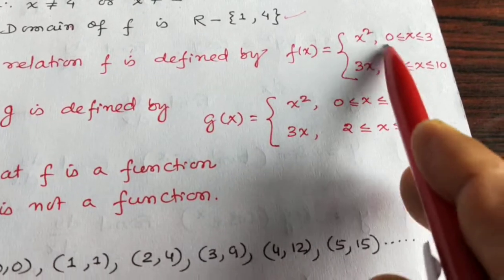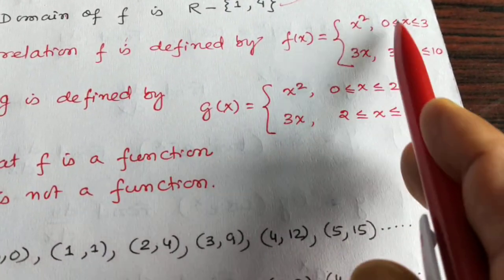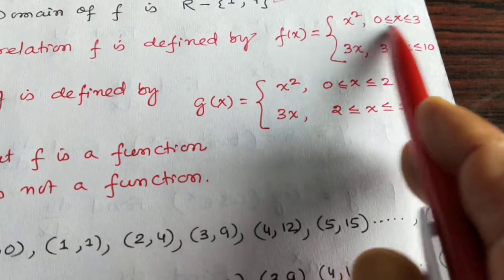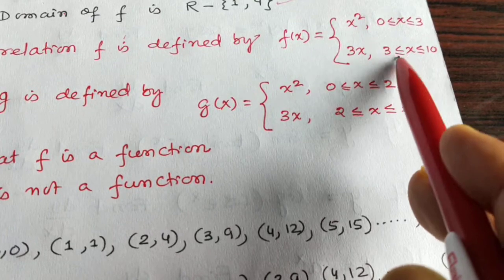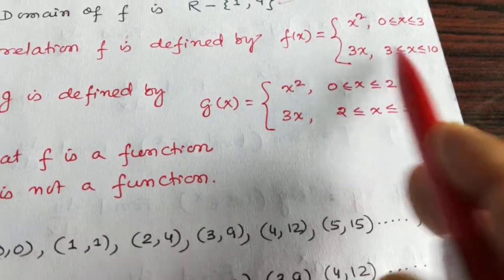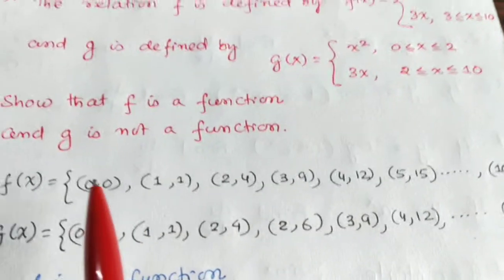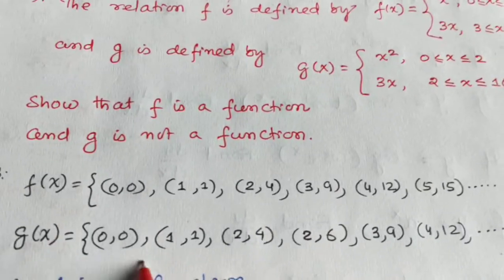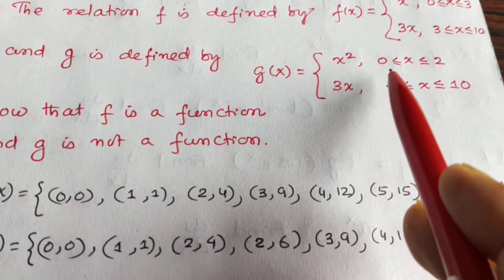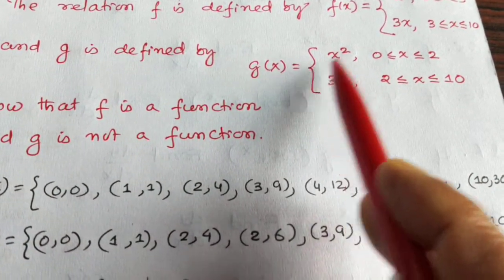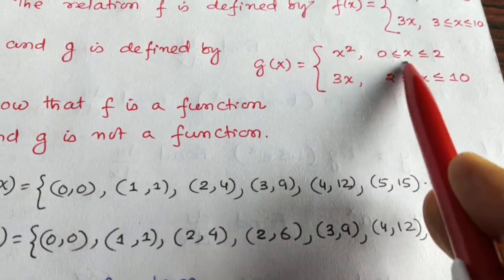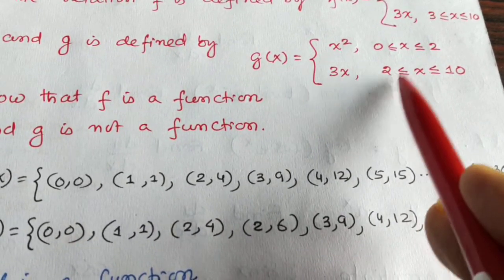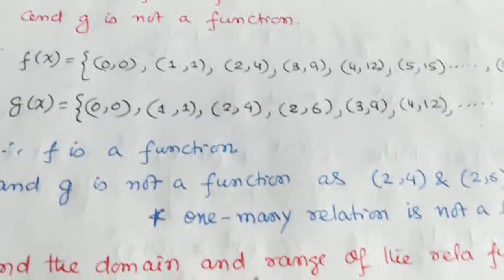f of x, whenever you put 0 you get 0, 1 you get 1, 2 you get 4, 3 you get 9. Here also 3 is there, so 3 you put, you get 9, 4, 5, and it goes like that. So for f, you first find the ordered pairs, right? For g also, let us try to find the ordered pairs. 0, 0, 1, 1 and 2, 4. 2 पे यहाँ कंप्लीट हो गया, यहाँ पे भी 2 है इंक्लूडिव, सो यहाँ पे 2, 6 आ गया.